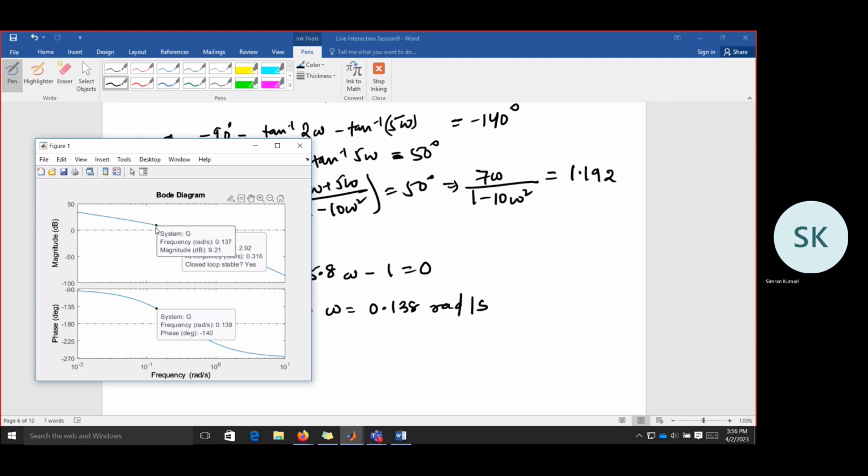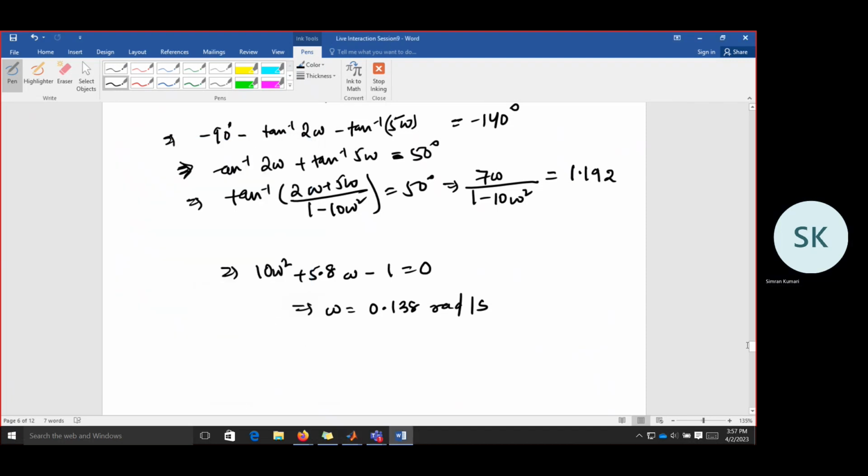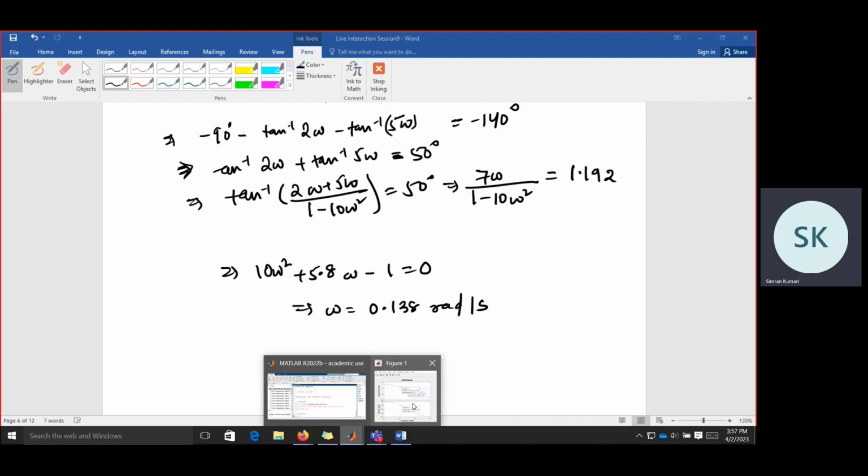Okay. So let us see at 0.139 what is the magnitude. This is approximately 9.17, the magnitude at this point for this 20 log G. So this is what we are expecting.